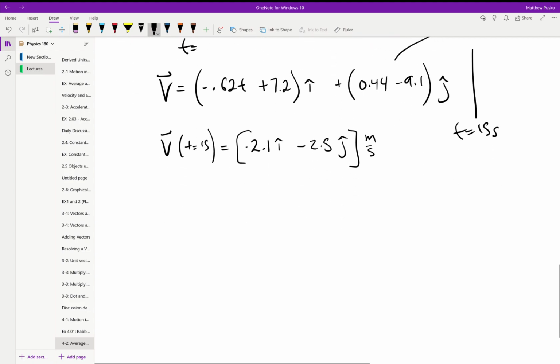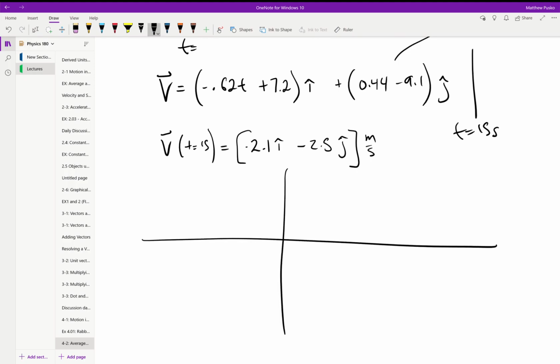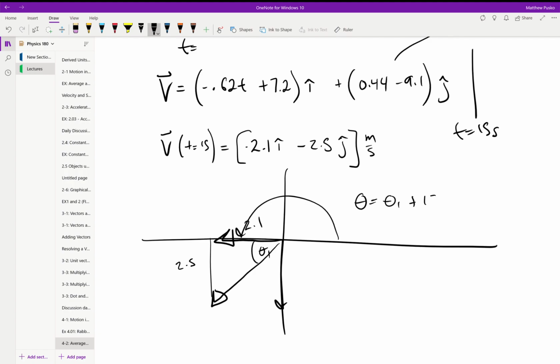So let's make sense of that vector real quick. If I drew a quick origin, it's going to be something in the third quadrant because it's going to go left 2.1 and down 2.5. So something like this. Your angle you could find by using 2.5 over 2.1. Measured from this axis, our theta would be equal to that theta 1 plus 180 degrees.